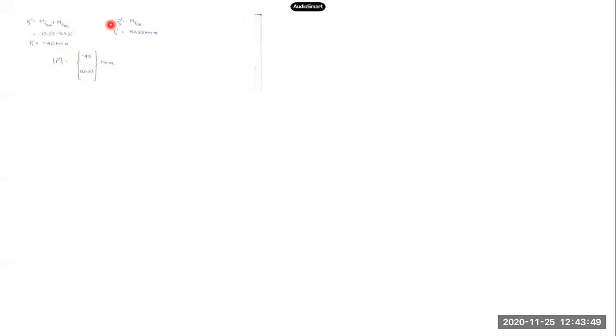Similarly, P2 dash will be nothing but MFCB itself directly. So P1 dash comes out to be 13.33 minus 53.33, these being the two fixed end moments, so it comes out to be minus 40 kilonewton meter.